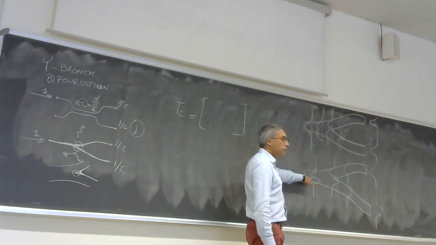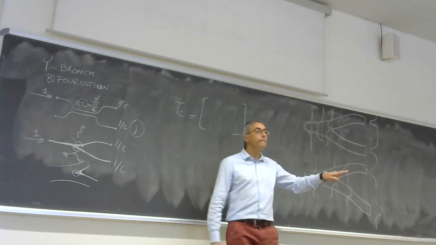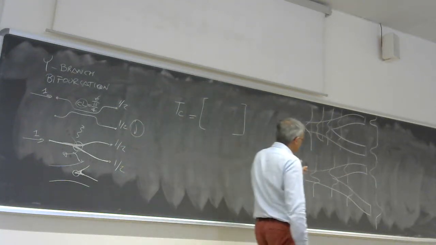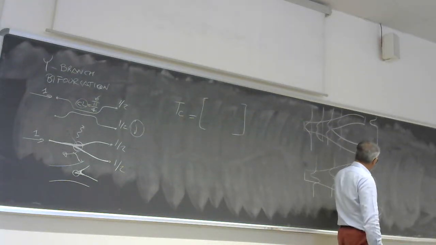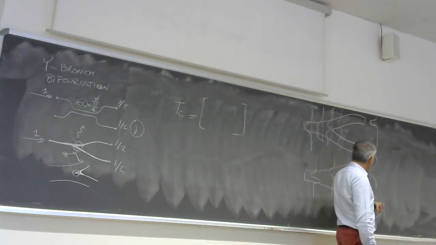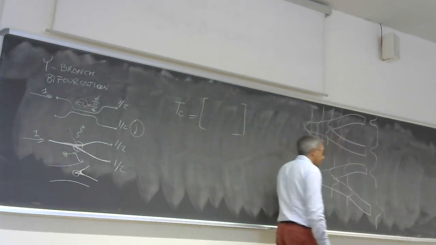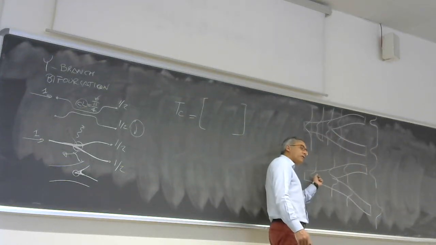What is this? Second mode. So if you arrive from the output with the two modes that are opposite in phase, you excite the first order mode of the waveguide.